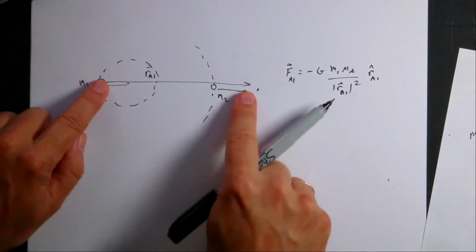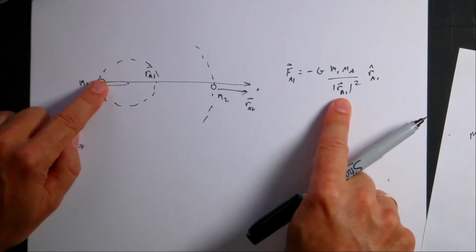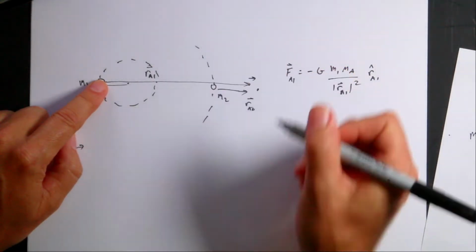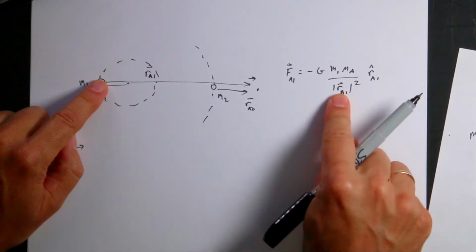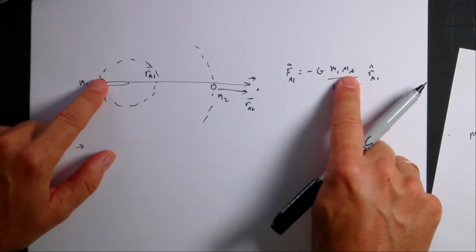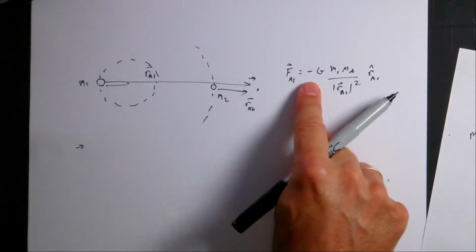So if I know this vector, I need to find the magnitude of that vector, and then the unit vector is the vector pointing in that direction. When I square that and take the magnitude, it's not a vector anymore. So that's the mass of star 1, that's the mass of that object here, and that's the gravitational constant. But I do get a vector.